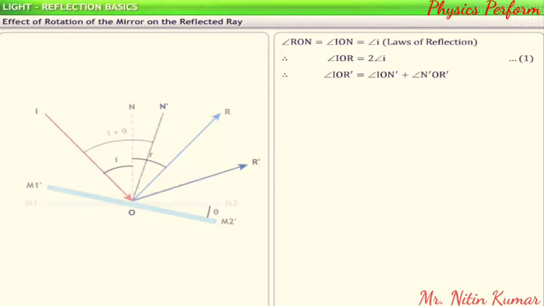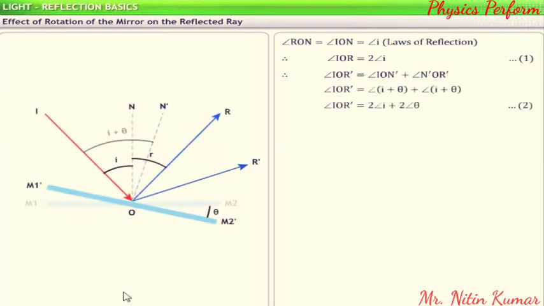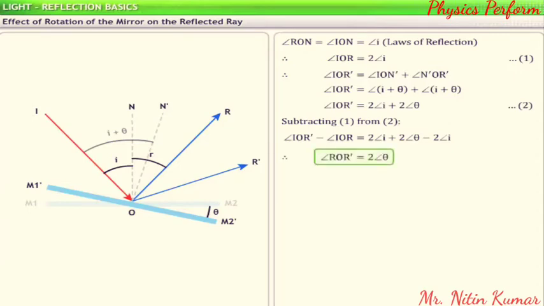Substituting ION' and N'OR' in terms of I and theta, you get angle IOR' is equal to 2I plus 2 theta. Subtracting equation 1 from equation 2, we get angle IOR' minus angle IOR is equal to 2I plus 2 theta minus 2I.